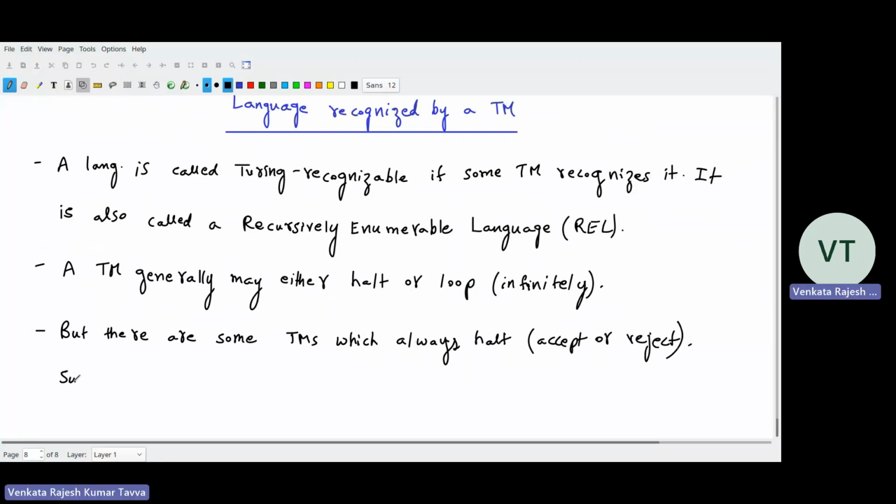Such Turing machines are called deciders. Okay.